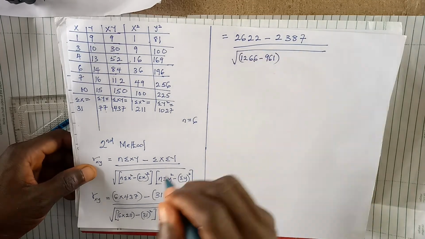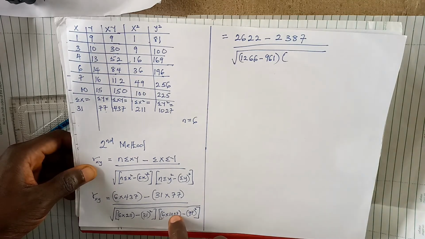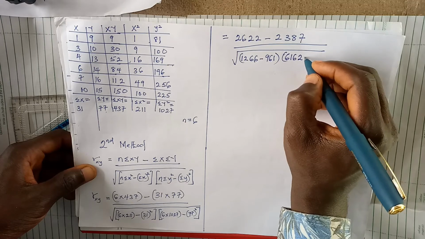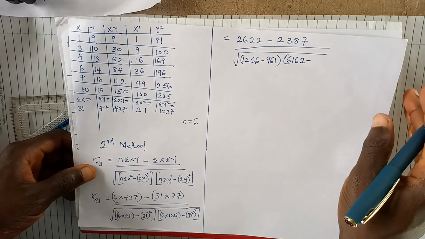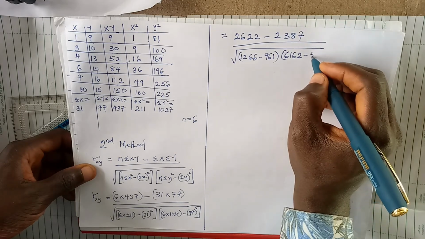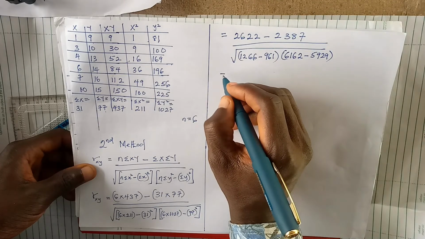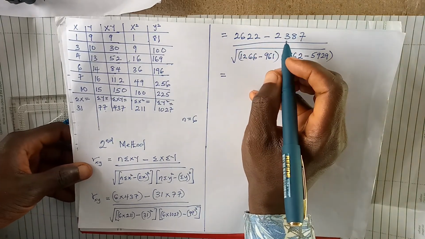So into the bracket. Now on this other side, open another bracket. 6 times 1027 will give us 6162 minus 77 squared. 77 squared will give us 5929. So our next step here now is 2622 minus 2387.